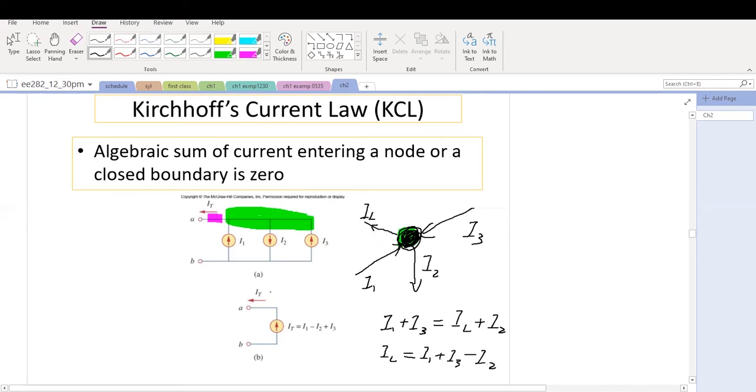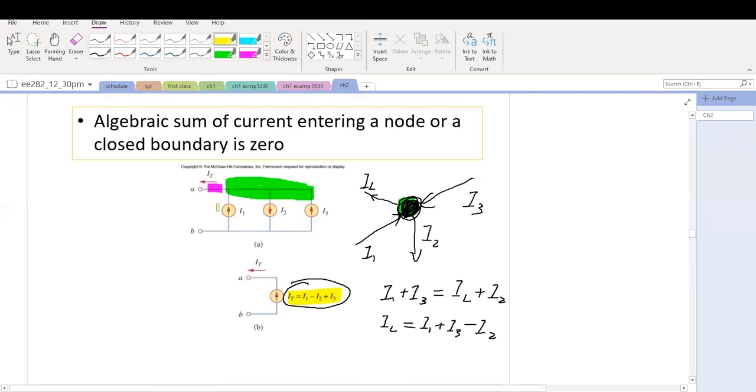This is exactly what was obtained here. All of this can be simplified as one current here now. So this is A and B. This is the terminal connecting to other circuits, and we don't know what the connection is here. But anyhow, that's one point, one node.